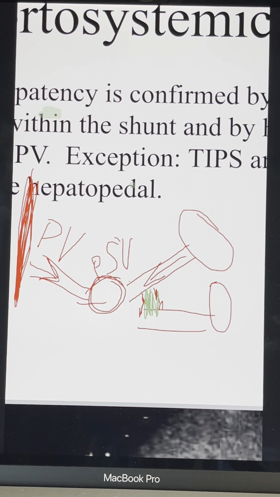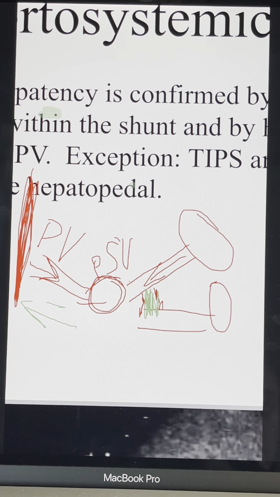Now you tell me, what is the blood flow direction in portal vein with this kind of shunt, splenorenal shunt? Is it hepatopetal or hepatofugal? Hepatofugal, right.